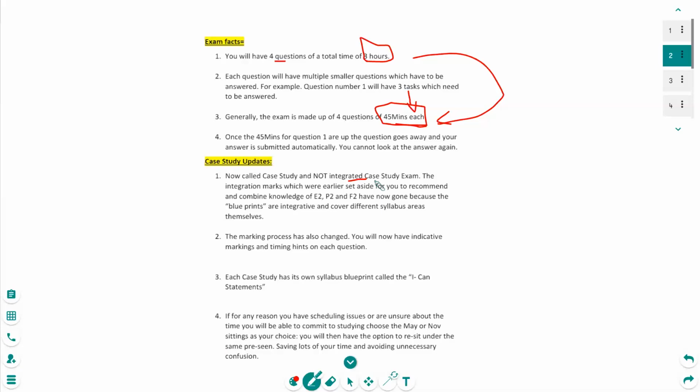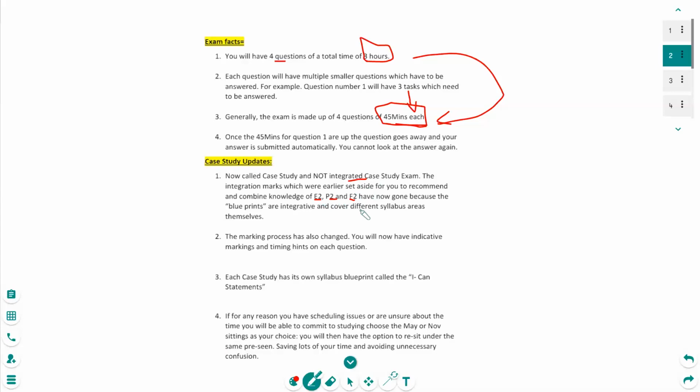But if you were to give them something extra, like building in team management, or referring to an IAS or an IFRS, where you are linking your E2, P2, and F2 knowledge in one answer itself, you were given something known as integration marks.